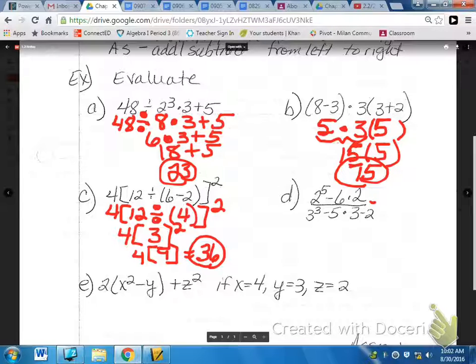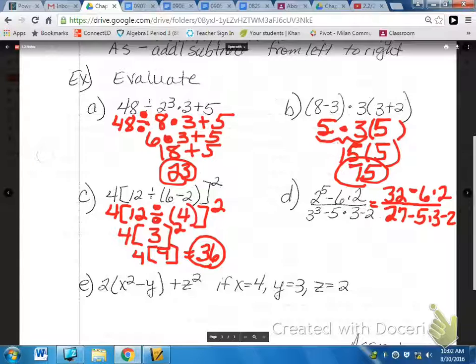You would take exponents, so it's 32 minus 6 times 2, and then the bottom is 27 minus 5 times 3 minus 2.